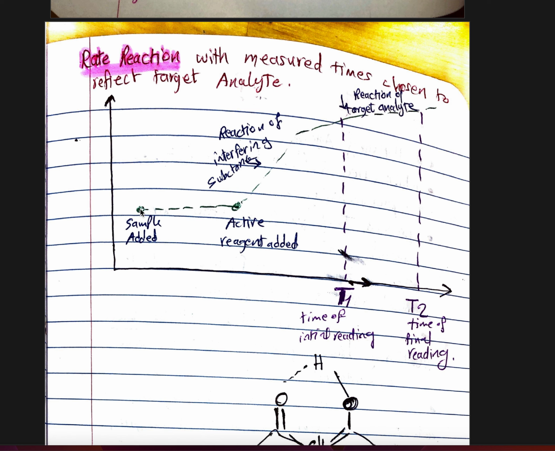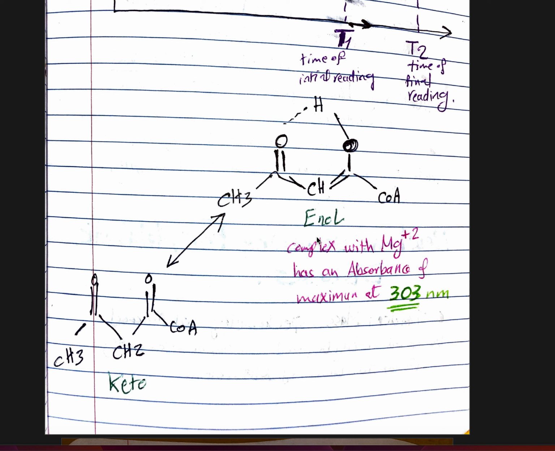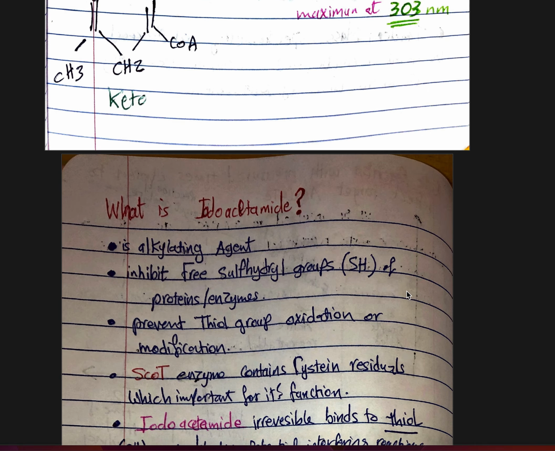As you can see here, the sample and the active reagent are added, and there is reaction of the interfering substances, and then there is reaction of the target. Here we have the enol and the ketone. The enol, in complex with magnesium, has an absorbance of 303 nanometers.